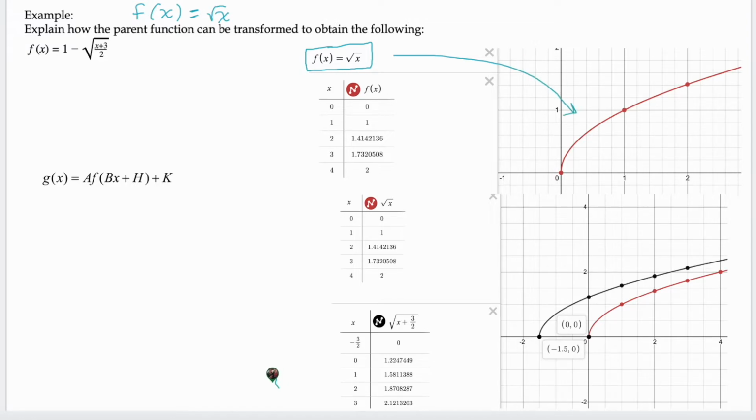I'm also going to rewrite the function that is given so that it looks like f of b of x plus h plus k, so I can identify what we're doing. So to rewrite this, I'm going to say that this is the same as f of x is equal to the opposite of the square root of x plus 3 over 2, and then put my plus 1 on the outside.